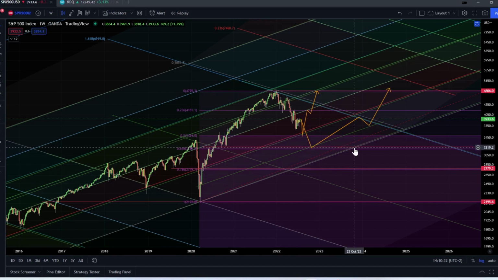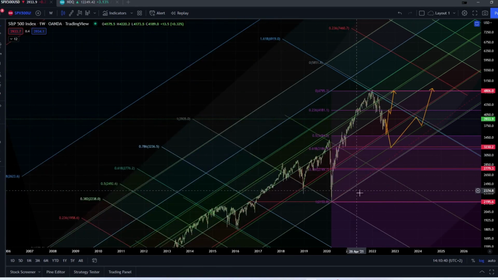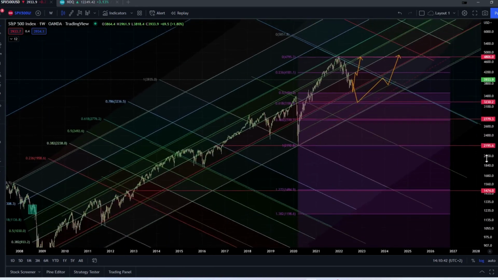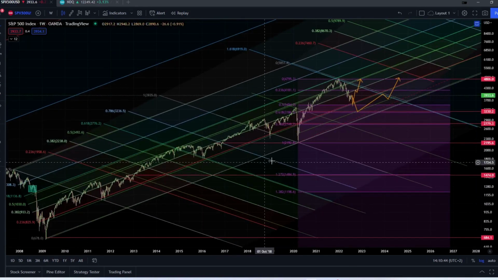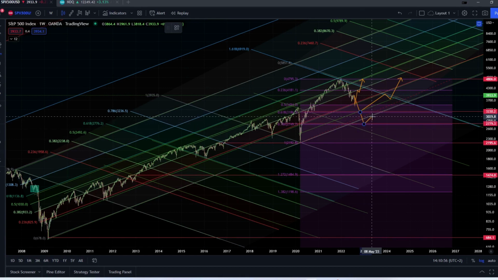And only a break of this ascending support from the 2009 low, as we can see if we zoom out, this ascending support here would serve as a warning that the long-term trend has changed to bearish, and we would then enter a potential bear market just by trading within these areas.